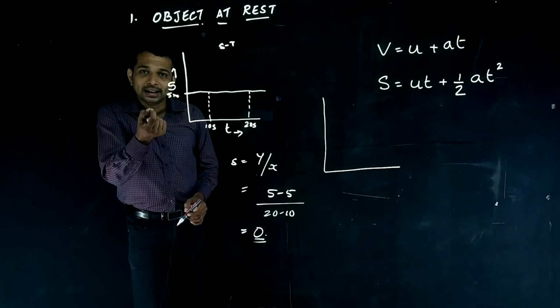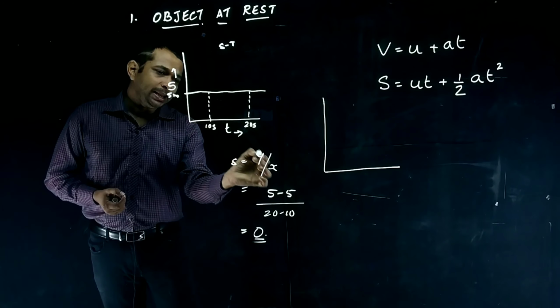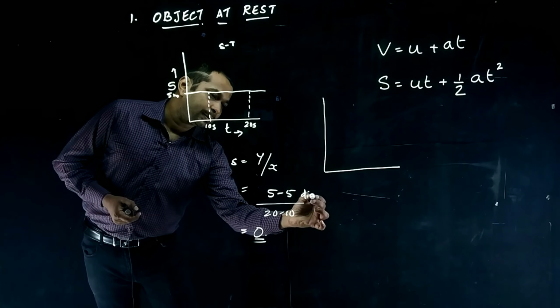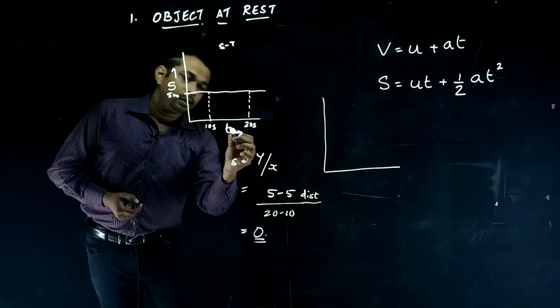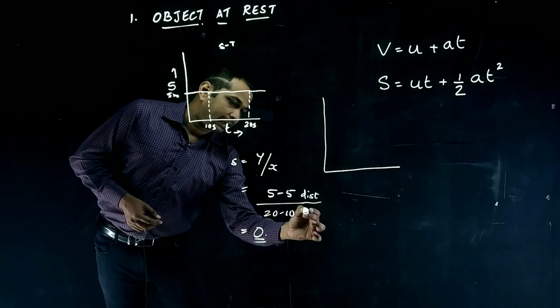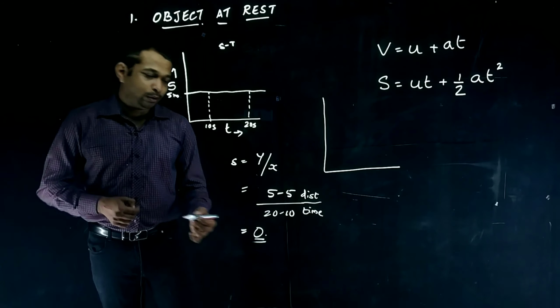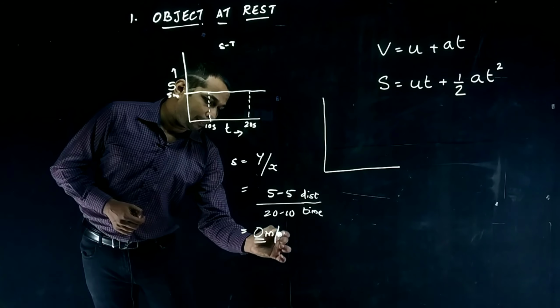And what does that slope mean? Y by x, right? Y means distance and x means time. So what is distance by time? It is velocity. So 0 meter per second.